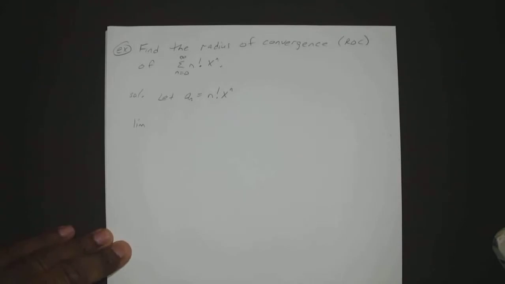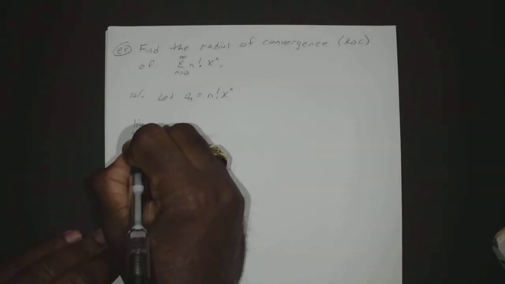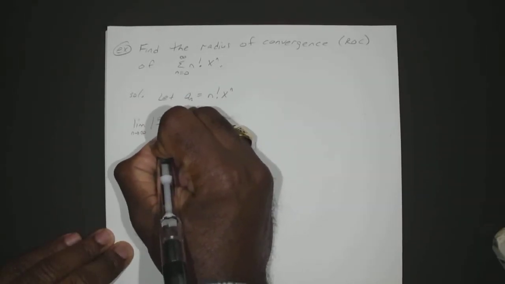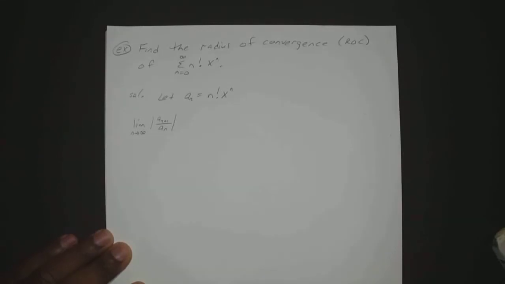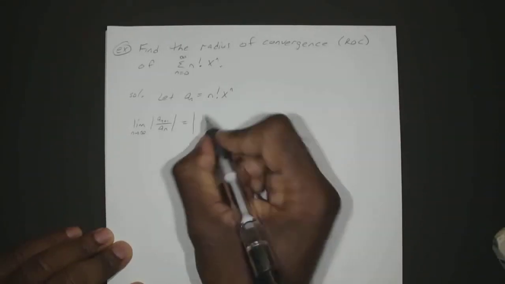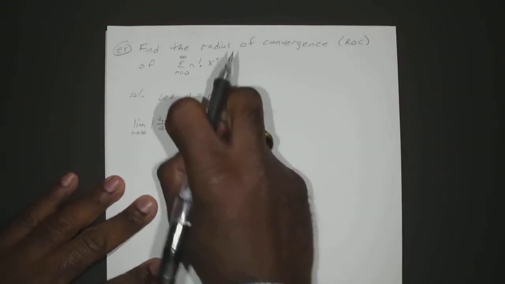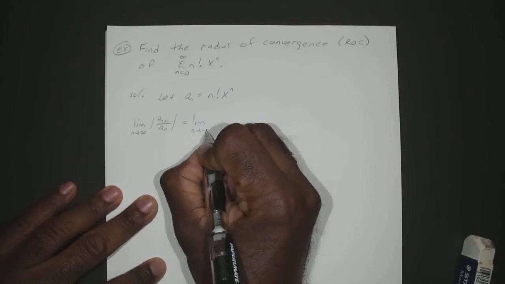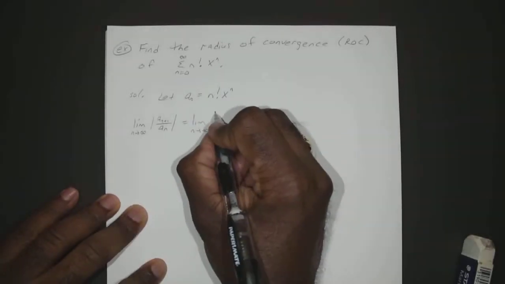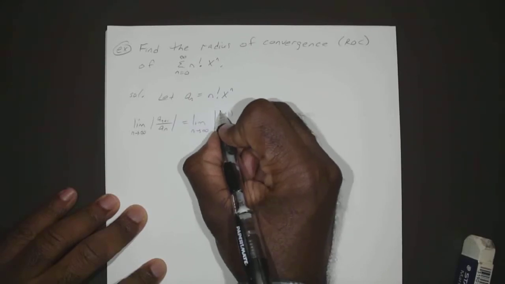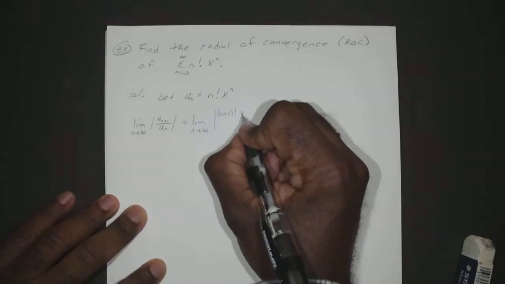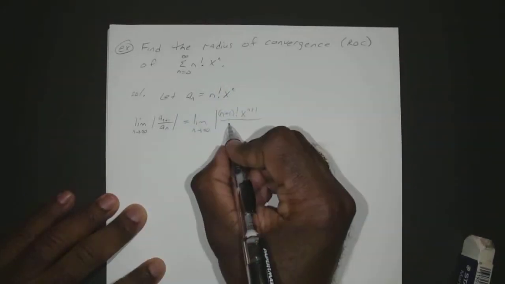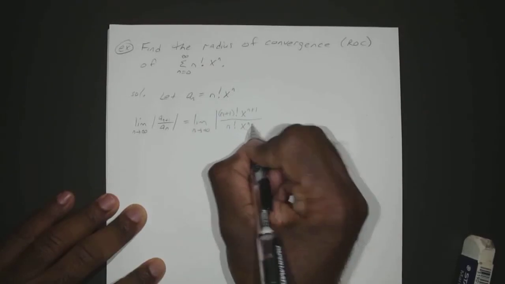So if we want to find out where it's absolutely convergent, just use the ratio test. So we have a sub n plus 1 over a sub n. That's going to equal the limit as n approaches infinity of a sub n plus 1, so that would be n plus 1 factorial times x to the n plus 1 power divided by a sub n, which is just n factorial times x to the nth power.